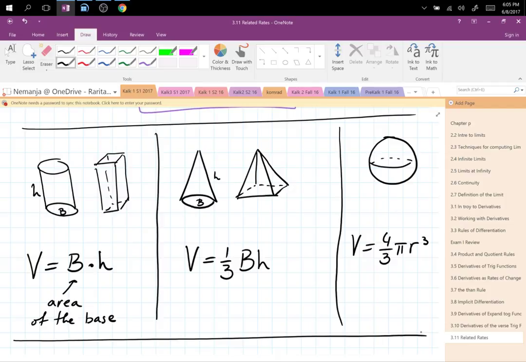The sphere gets its own category because the sphere is the perfect object. And the sphere has the property that the derivative of volume with respect to radius gets you the surface area equation. Which brings us to surface area, another geometry part that you will heavily need in this section.